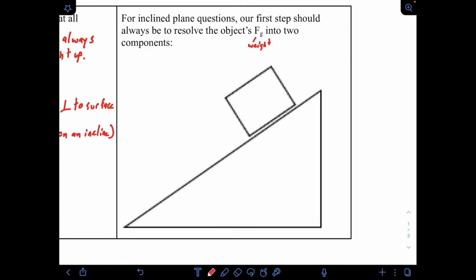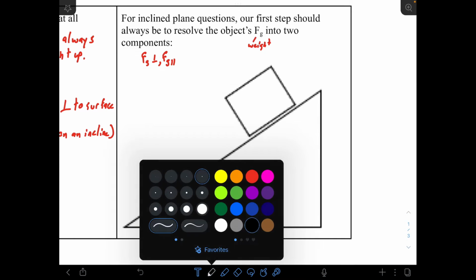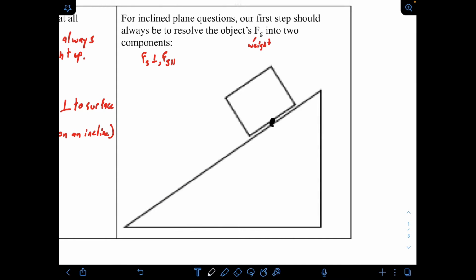We're going to call them the Fg perpendicular and the Fg parallel. Here's how it's going to look. First I'm going to make a big dot, and this arrow represents the object's weight, the Fg.